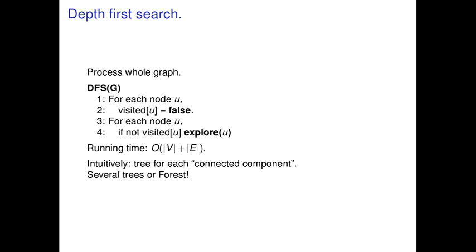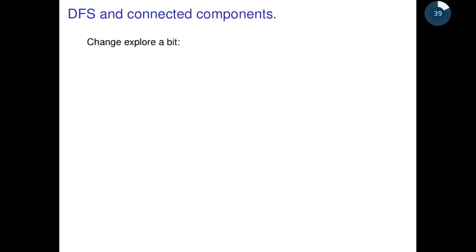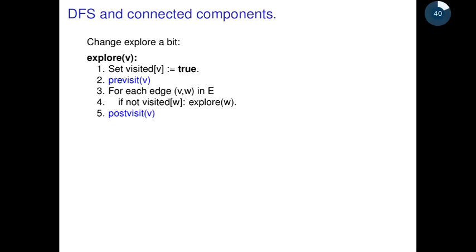Now, how do you output the connected components of a graph? I give you a graph, and you want to say this vertex is in connected component 1, and this vertex is in connected component 2. Clearly, depth first search can be used for that, so we're going to show you how. We're going to beef up Explore by adding a pre-visit procedure.